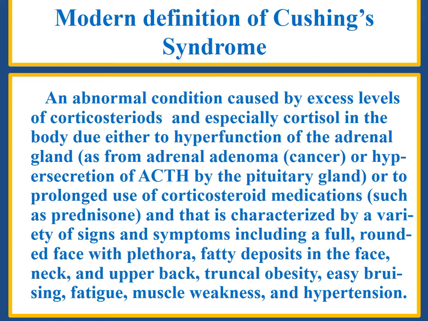It's an abnormal condition caused by excess levels of corticosteroids and especially cortisol in the body, due either to hyperfunction of the adrenal gland, a form of adrenal adenoma or cancer, or hypersecretion of ACTH, adrenocorticotropic hormone, by the pituitary gland, or to prolonged use of corticosteroid medications such as prednisone, and that is characterized by a variety of signs and symptoms, including a full round face with premature fatty deposition in the face, neck and upper back, truncal obesity, easy bruising, fatigue, muscle weakness, and hypertension.